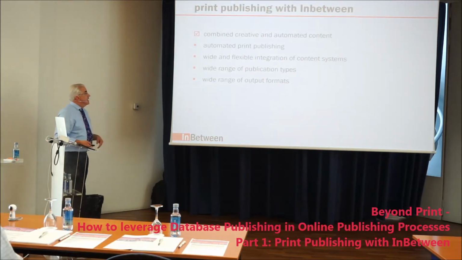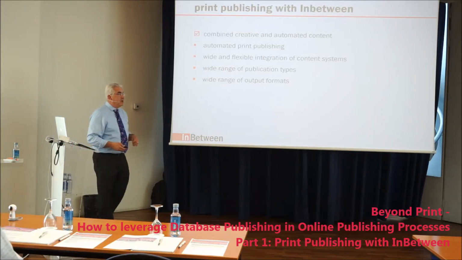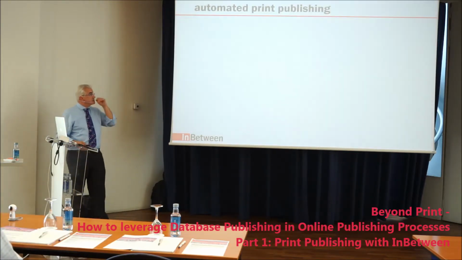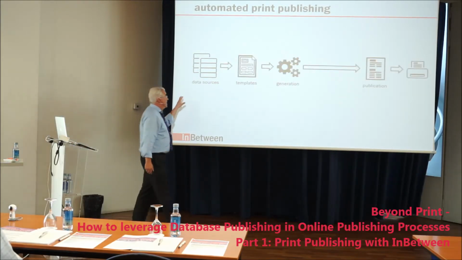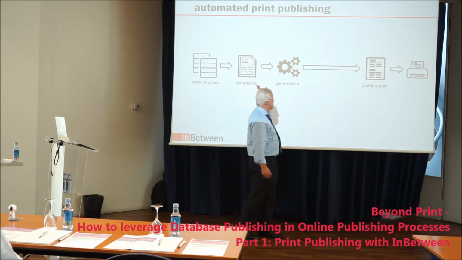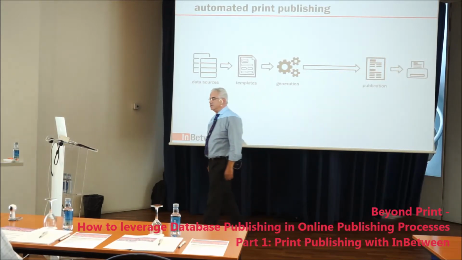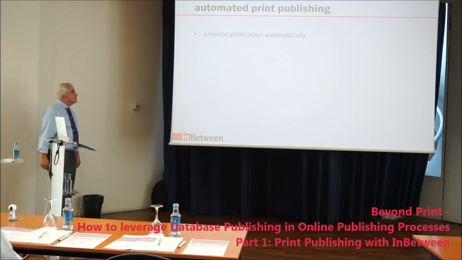So, we also can do automated print publishing with InBetween. Automated print publishing really means that in the same process we have data sources, templates, and we generate a publication fully automated and make it ready for print.